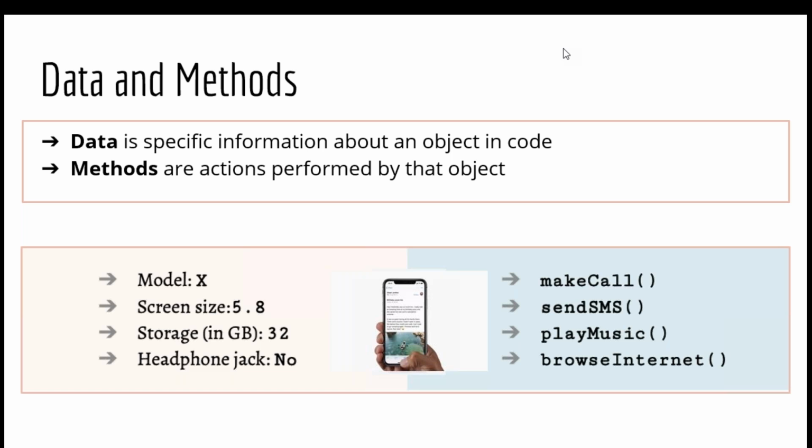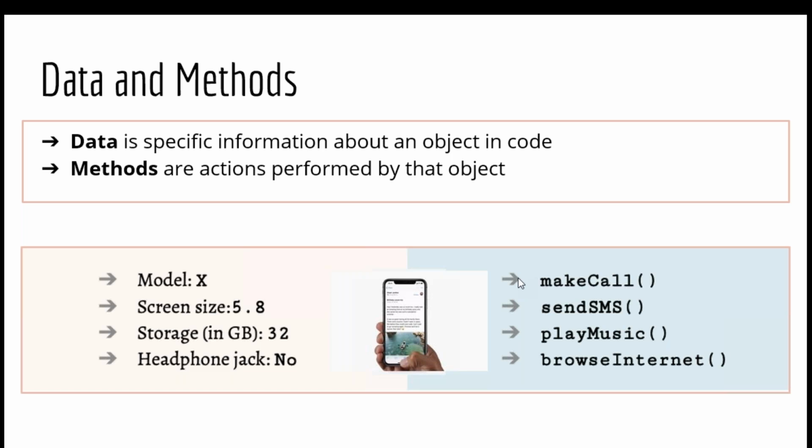Similarly, there are methods as well. If you look on the right at this blue section, there are different things the iPhone can do, different actions the iPhone can implement. This can include making a call, sending SMS, playing music, or even browsing the internet. These are the methods which an iPhone can perform, the actions which the iPhone can perform.